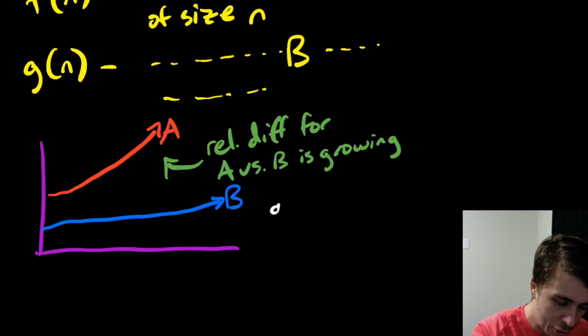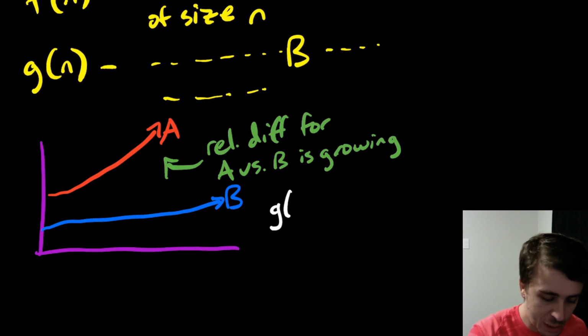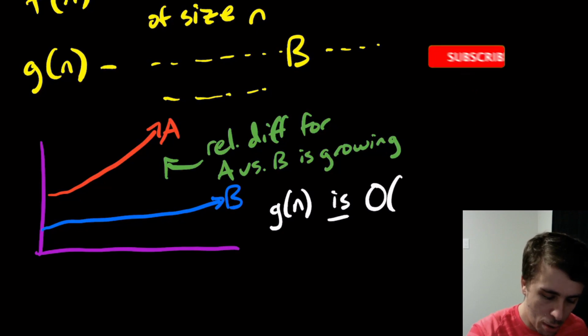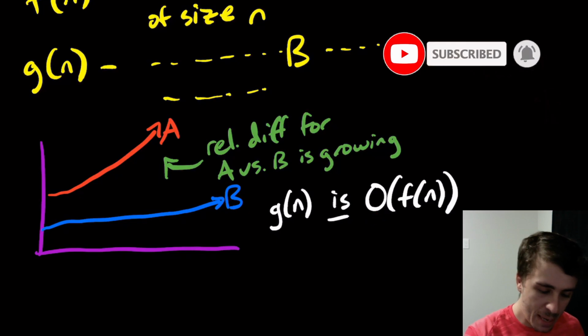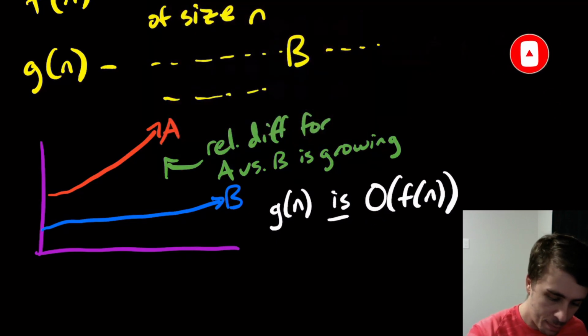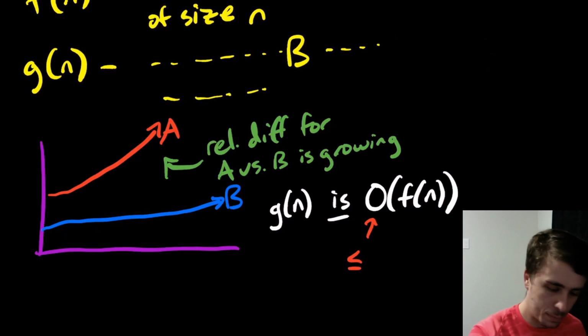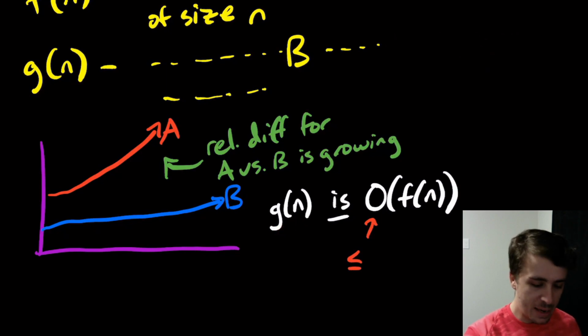I'll use white. So let's say, for this, we're going to say that g of n is big O of f of n. So big O, what does that mean? That just means less than or equal to. So g of n is less than or equal to f of n, because B is always less than A. Okay.